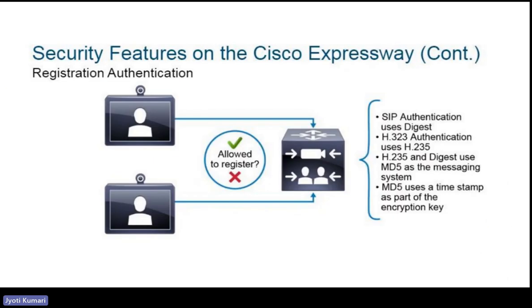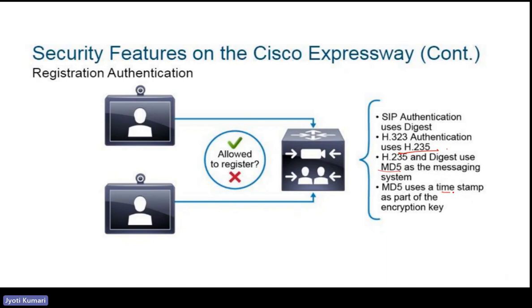For registration authentication, which determines who is allowed to register, there is SIP authentication, which uses digest, and H.323 authentication, which uses the H.235 protocol for authentication. Both use message digest 5, MD5 authentication, for encrypting the information. And MD5 uses a timestamp as a part of the encryption key.